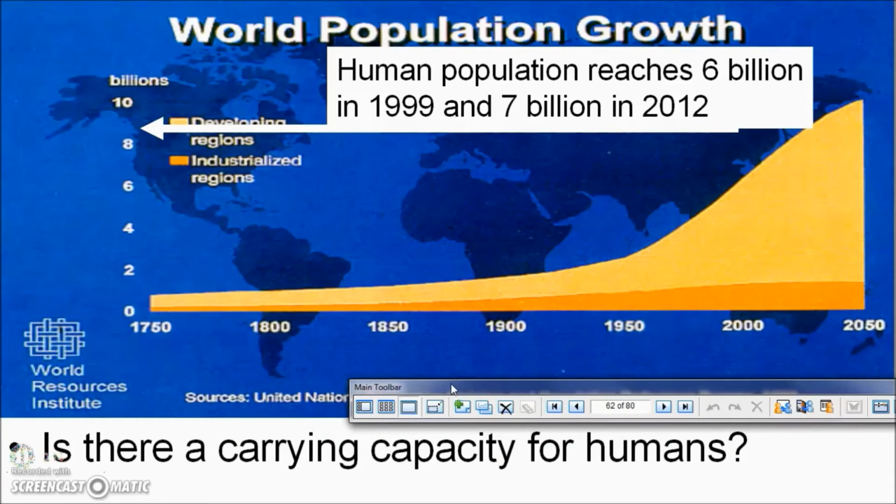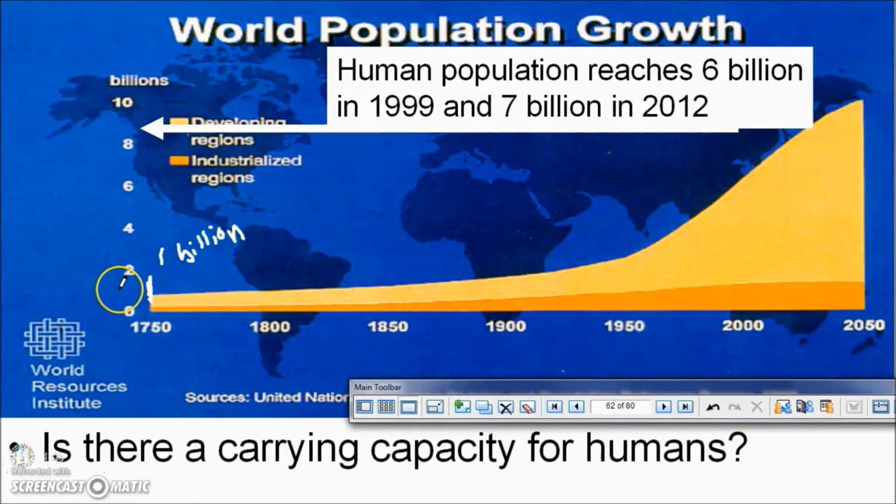An interesting question would be, is there a carrying capacity for humans? That is something that people have talked about for quite a while now. There's roughly 1 billion people at this point at around 1750. So roughly about here, 1 billion total humans.